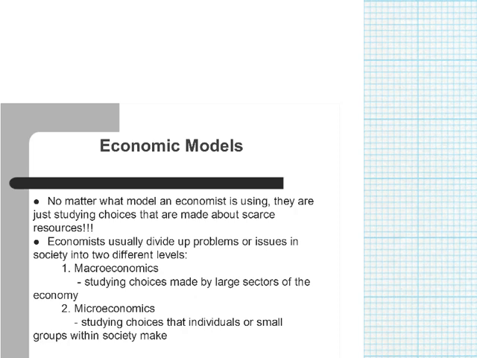For example, if we are looking at unemployment in the United States, that would be a macroeconomic study, okay? We can also look at that same issue of unemployment on a micro level. If you can see there, number 2 is microeconomics, all right?